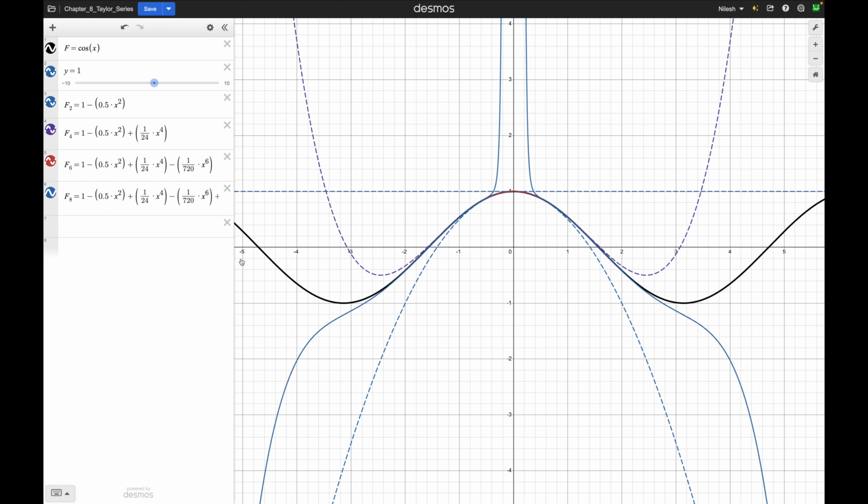If I keep going to f8, then it's not accurate at x equal to 0, as you can see. So I'll probably stop there and maybe just look at these three lines that we have.